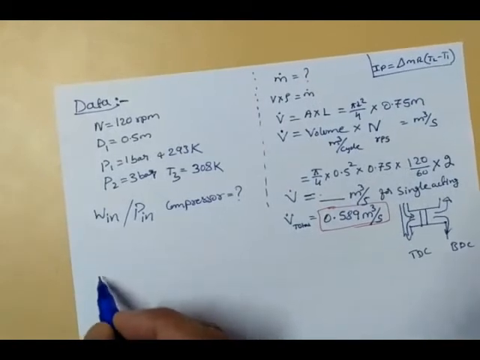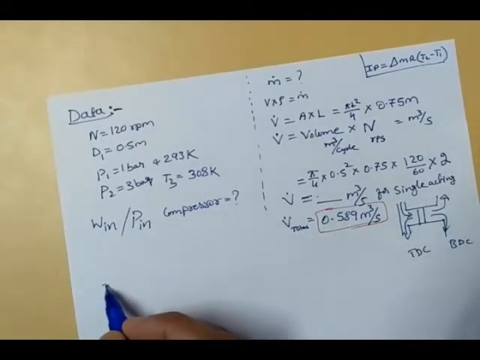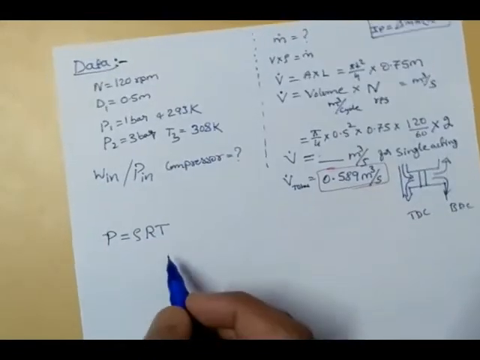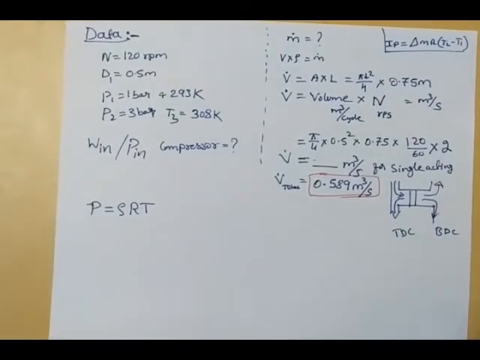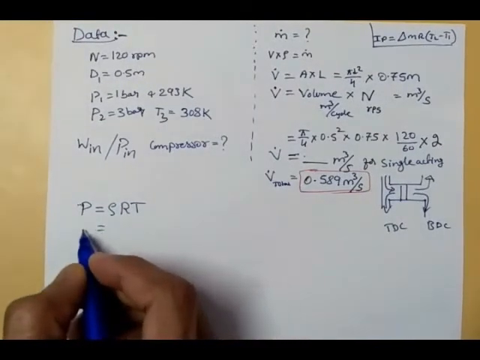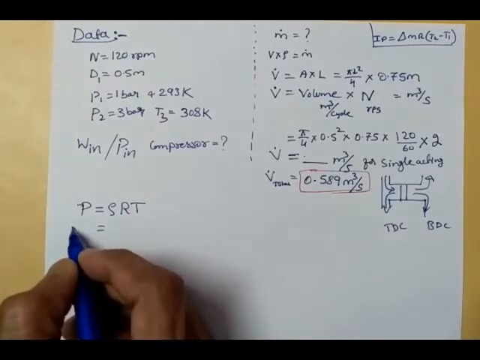Then we need to find the mass flow. To get the mass flow for this volume, we have to multiply with the density. How to get the density? We know that P is equal to rho RT. So we can substitute pressure is equal to 100 kPa, that is 1 bar.